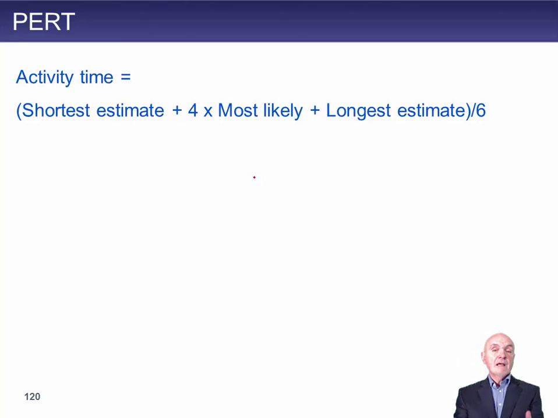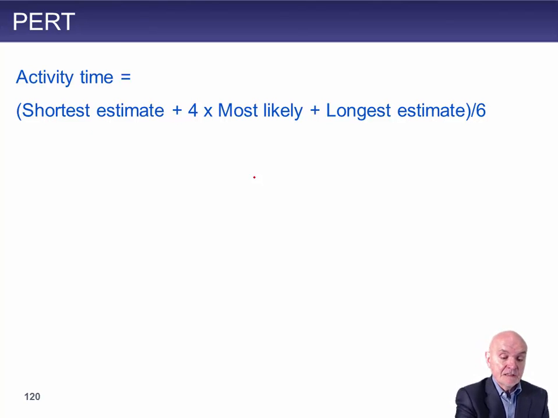In nearly every activity of a project, there's going to be a little bit of uncertainty about how long it is going to take. And the standard technique for dealing with this is PERT, which means Program Evaluation and Review Technique, which builds some of the uncertainty into the activity durations.